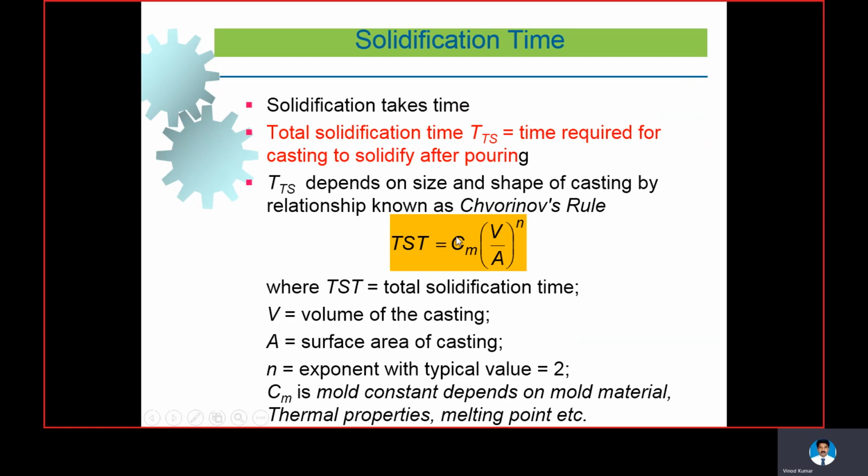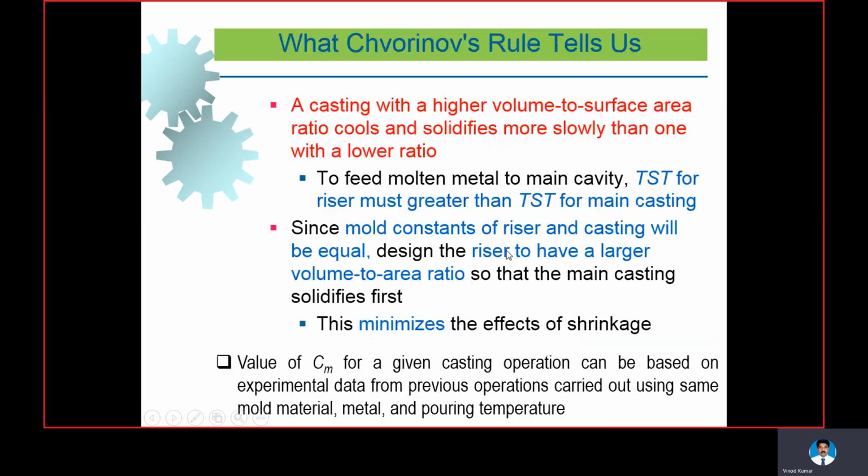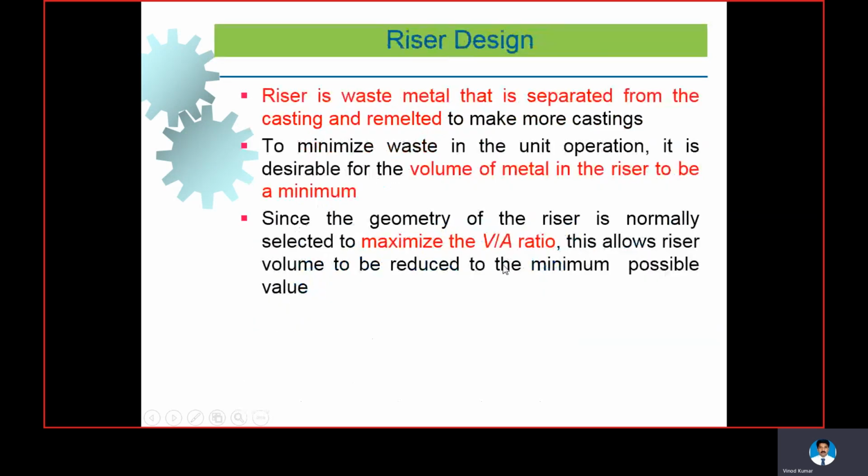If the riser solidifies more slowly than the casting, then the liquid molten metal will get more time to reach the mold cavity and fill the cavity. That's why the riser is made with a higher volume to area ratio in comparison with a casting.